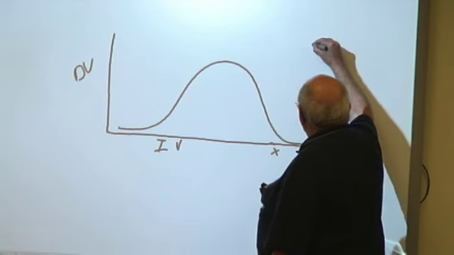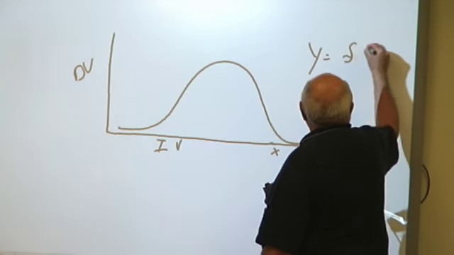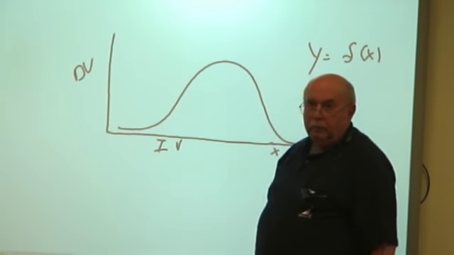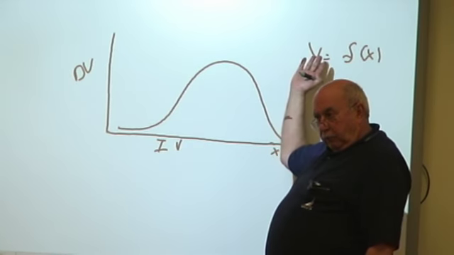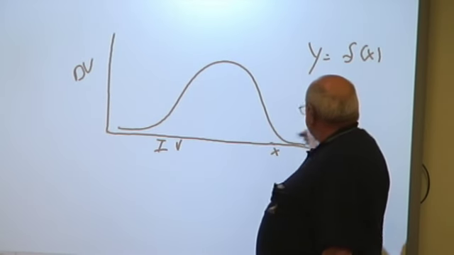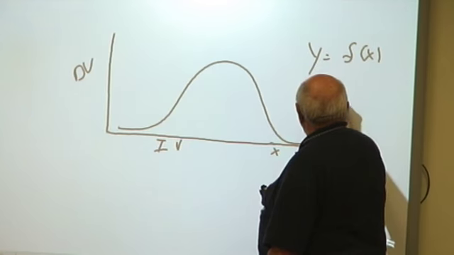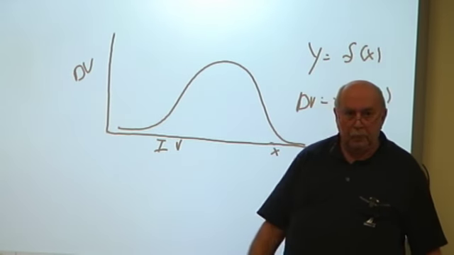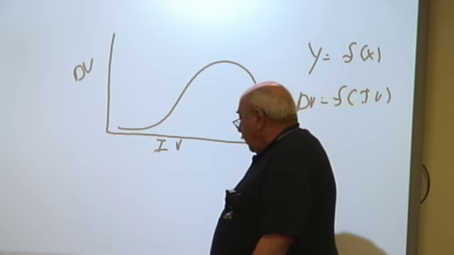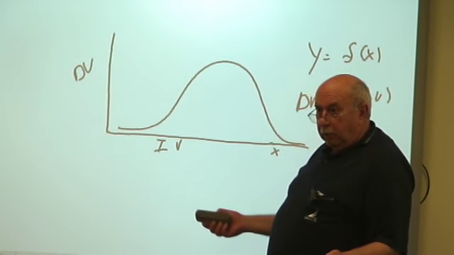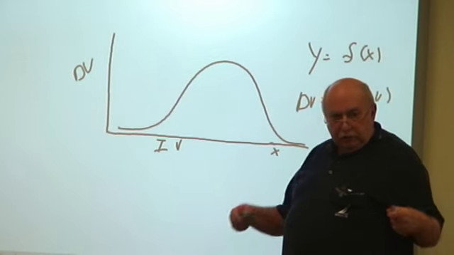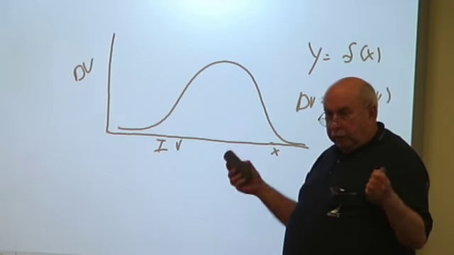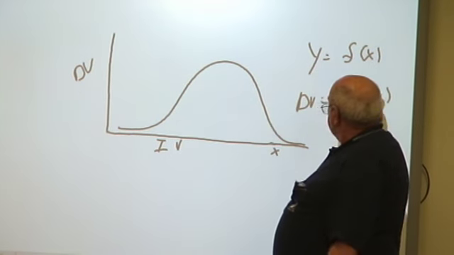And you can do it like this: y is equal to a function of x. So you're saying the value of y depends upon the value of x, or the dependent variable is a function of the independent variable. Okay? And that's our basic idea of drawing graphs. And the statistical models are, for the most part, based on this function.